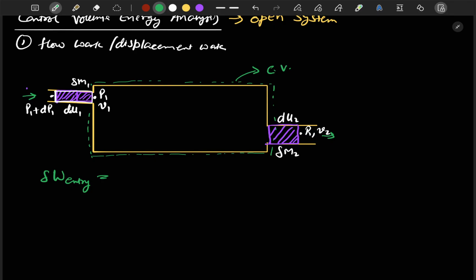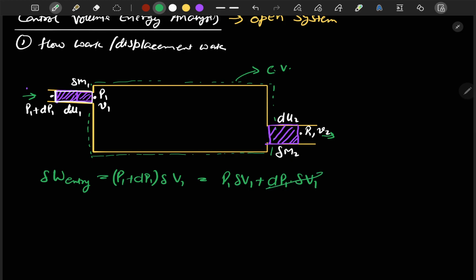So the work done will be PdV. Here the pressure is P1 plus dP1, and the volume is delta V1. So we can write it as P1 delta V1 plus dP1 into delta V1.